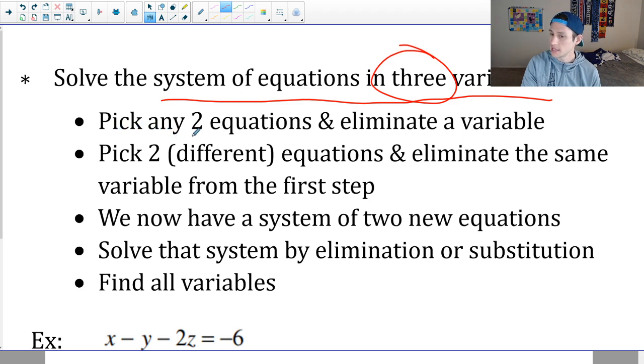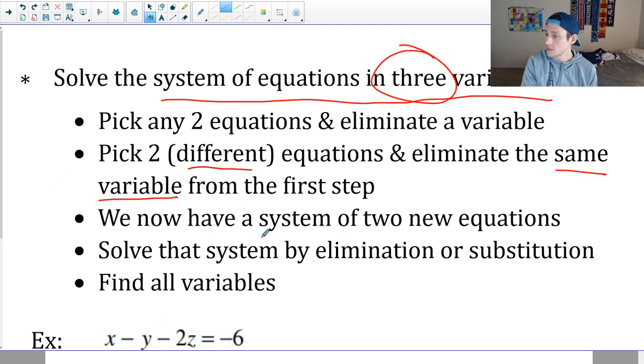We're going to pick any 2 equations, and we'll eliminate a variable through normal elimination. Then we'll pick 2 different equations, but we'll eliminate the same variable from our previous step. So we're always eliminating x, or always eliminating y, or always eliminating z, whatever.